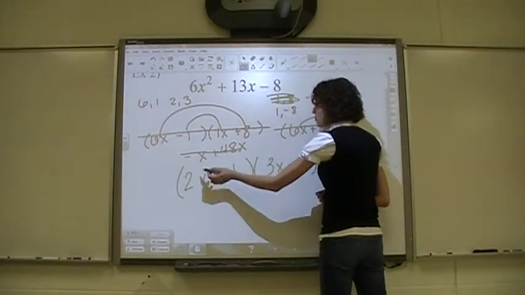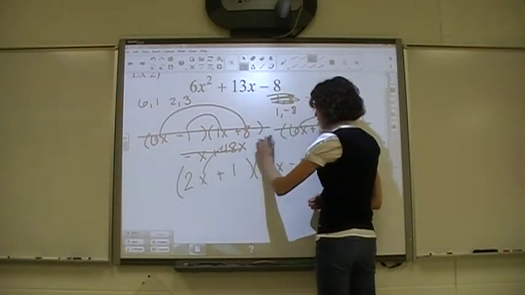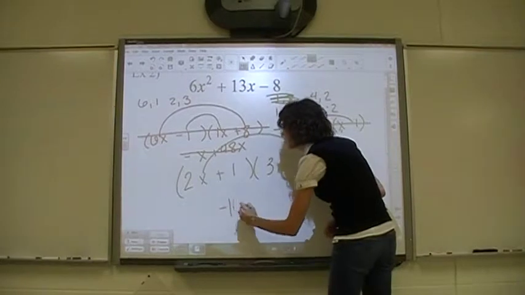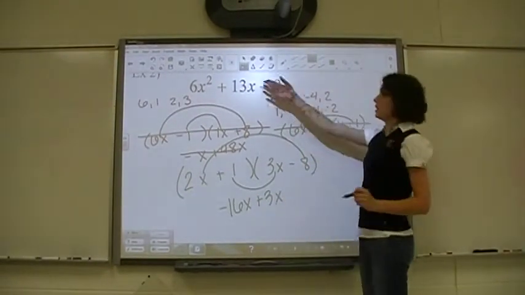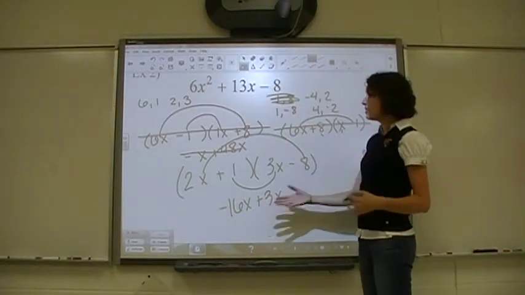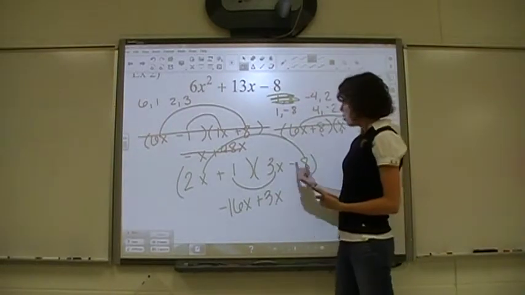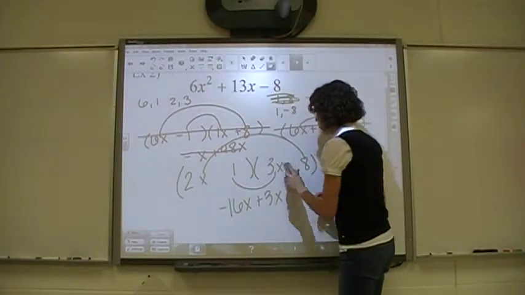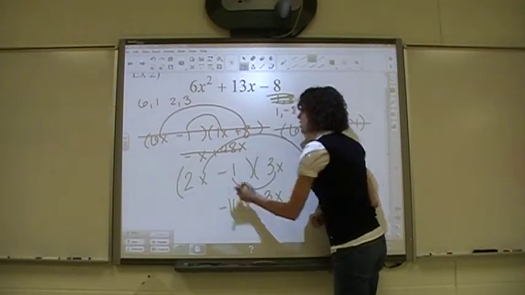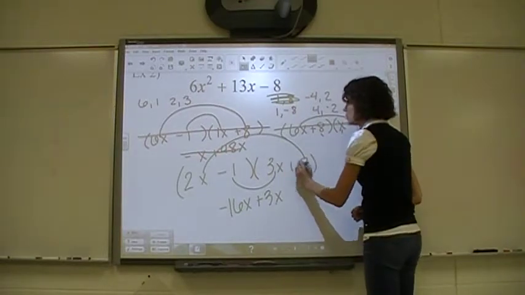Now, 2x times 3x is going to give me that 6x squared. 2x times -8 gives me a -16x. 3x times 1 gives me a +3x, which gives me -13x, but that's really close to what I want, so why don't we just switch the signs and see if that works? Because we got the number that we wanted, but just not the right signs. So let's make this a negative, this one a positive.